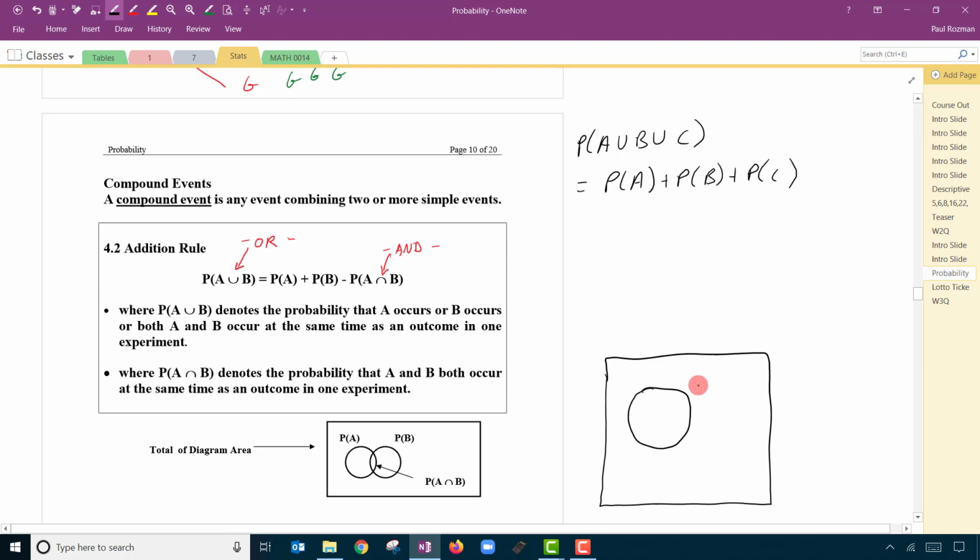Here's my probability of A, here's my probability of B, and here's my probability of C. You notice that this section here got counted in A and B. This shaded section was counted when I did A, and it was counted when I did B. So I'll take it away. Minus the probability of A and B.